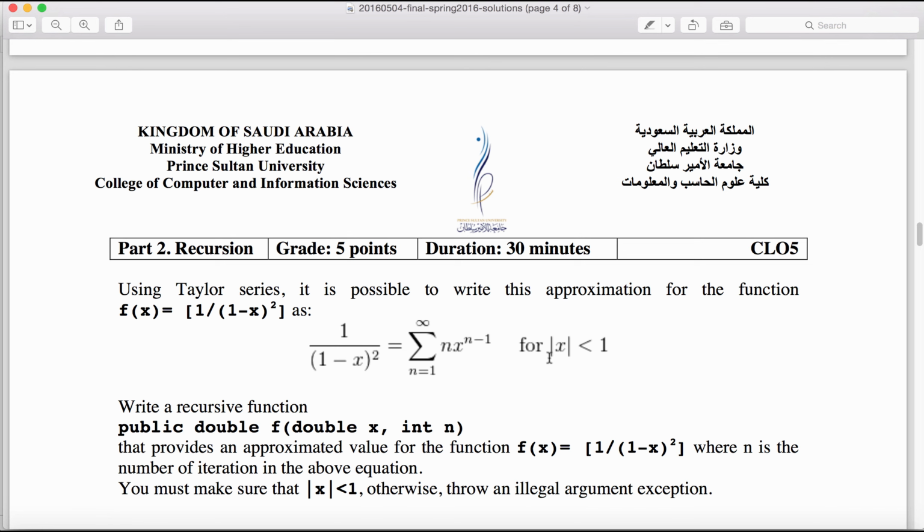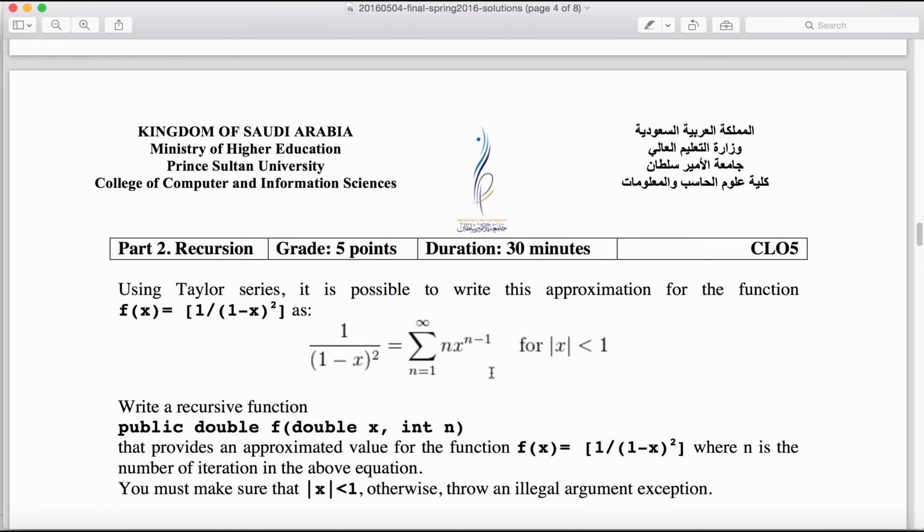Now if n equals 1, then we find the value 1. So we have two base cases available: for n equal 0, it's 0, and for n equal 1, it's 1. For all the others, we make a recursion, in the same way that we did for the exponential.